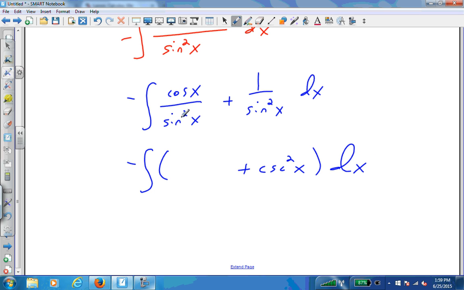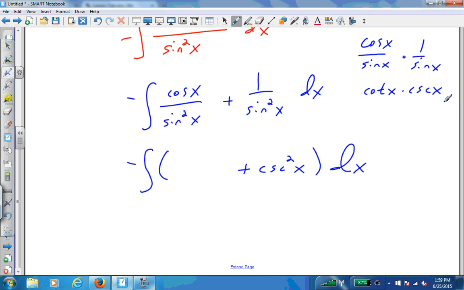We could look at this one a couple different ways. We could pick one of the sines out, call this cosine x over sine x times 1 over sine x. Cosine over sine, that's cotangent x. 1 over sine, that's cosecant.